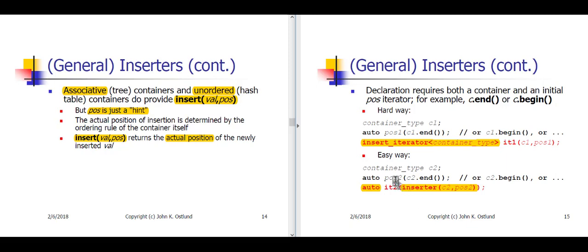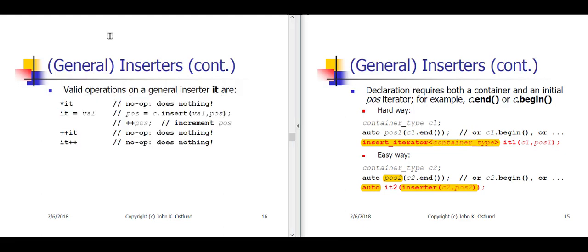Now the initial position, here we're calling it pos2, might be the end of the container, might be the beginning of the container, might be somewhere in the middle of the container, depending on what kind of container you're working with. Now in the case of front inserters and back inserters, we saw that star of the inserter actually did nothing.